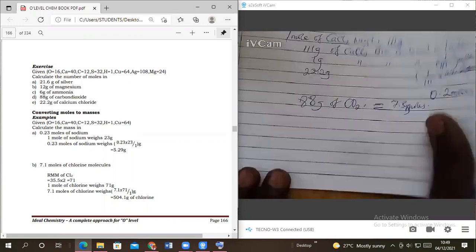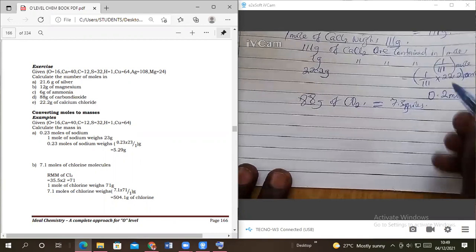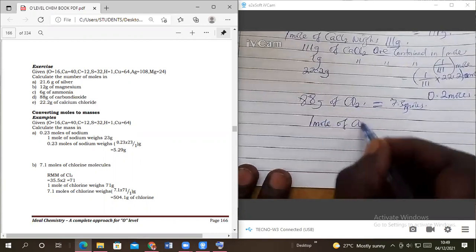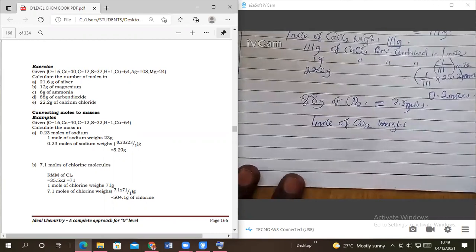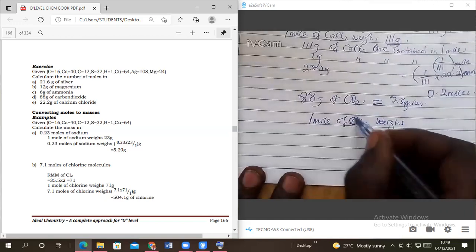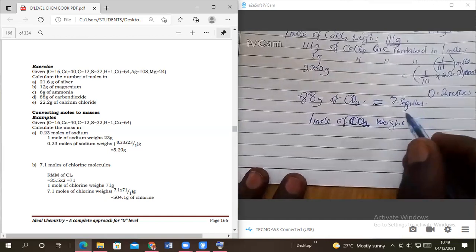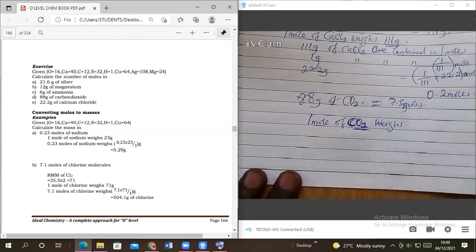How did you start with your work? 1 mole of carbon dioxide weighs... so we use carbon, this is carbon. Okay. 1 mole of carbon is 12 grams. 1 mole of carbon dioxide weighs. Do you know how to write carbon dioxide?